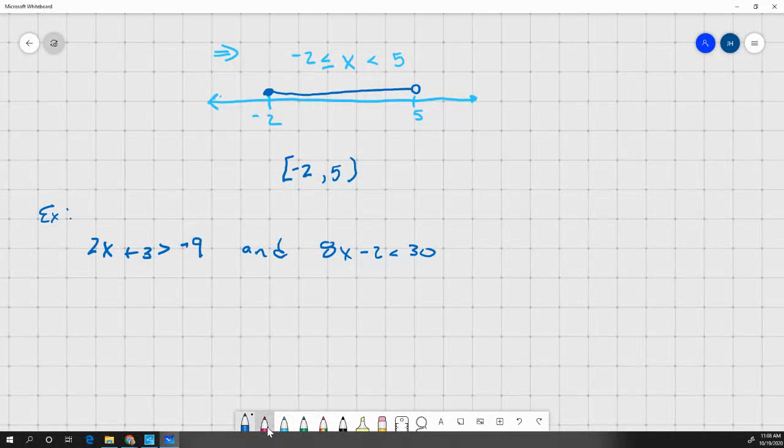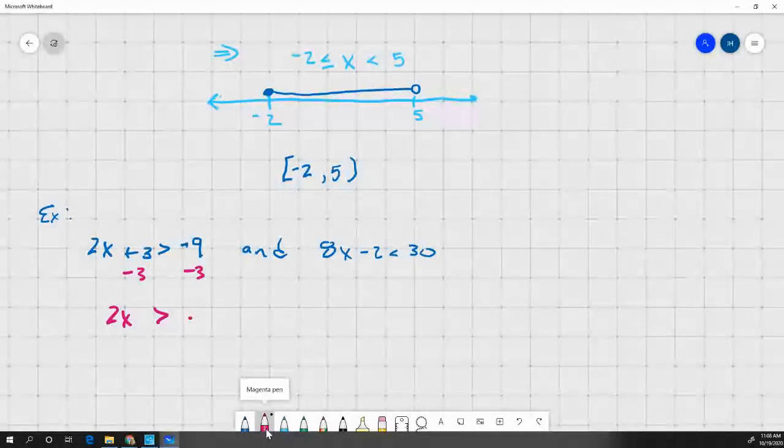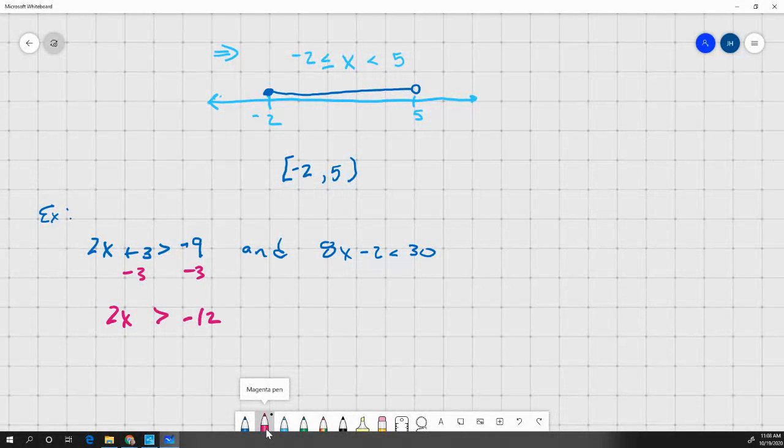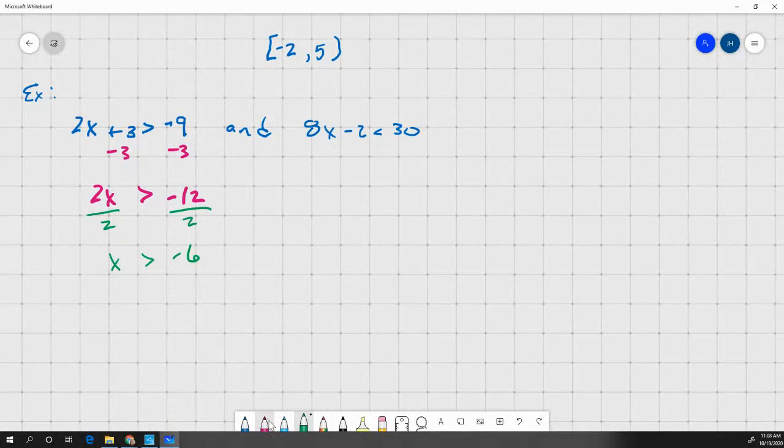So I'm going to start by subtracting 3 from both sides, and I get 2x is greater than -12. And then I can go ahead and divide both sides by 2 to get rid of the 2. And we've got x is greater than -6. So we know that now, right? That x is greater than -6. Here, I'm going to add 2.